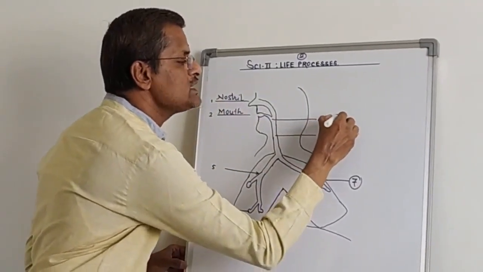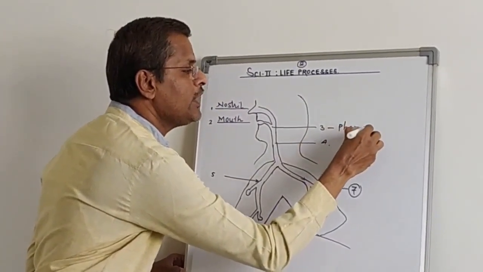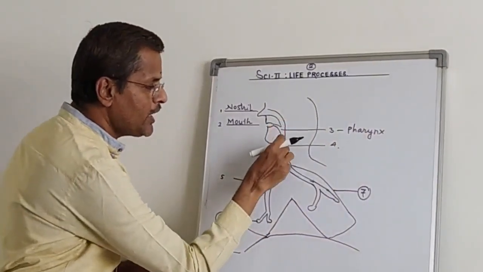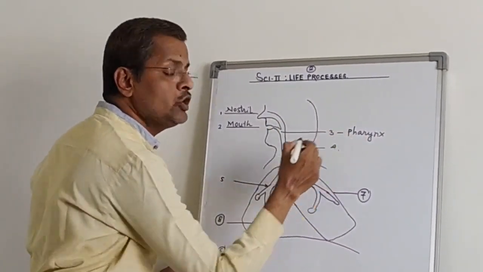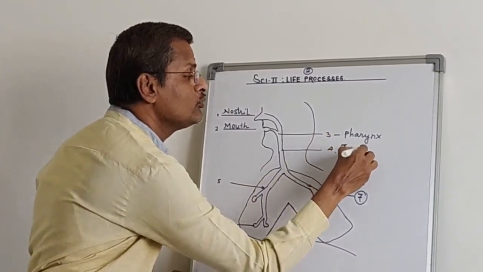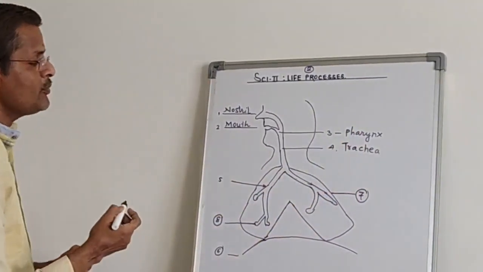You can call it as pharynx. This particular pipe is nothing but windpipe, which we call trachea. This one is a trachea.